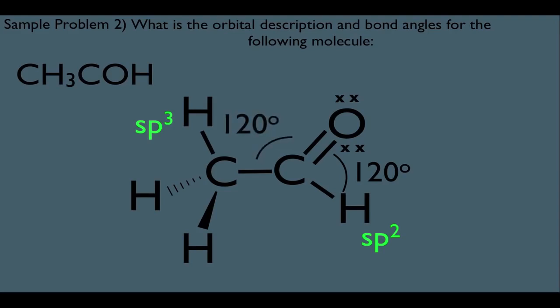Now remember, this original question was asking about the orbital description and the bond angles. Notice as we walk through this molecule and determine hybridizations, we're able to determine the value of all of the bond angles in this molecule. This is important for 2 reasons. 1, this could be a typical question on your organic chemistry test.